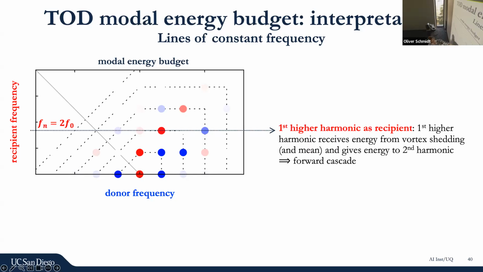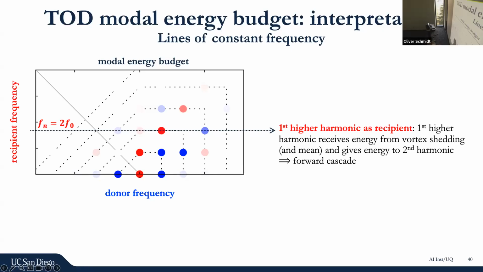And here, the highest peak is here and is red, right? So this means that the first higher harmonic receives energy from the vortex shedding, right? The first higher harmonic here and its donor is the vortex shedding and it receives energy. It's red.